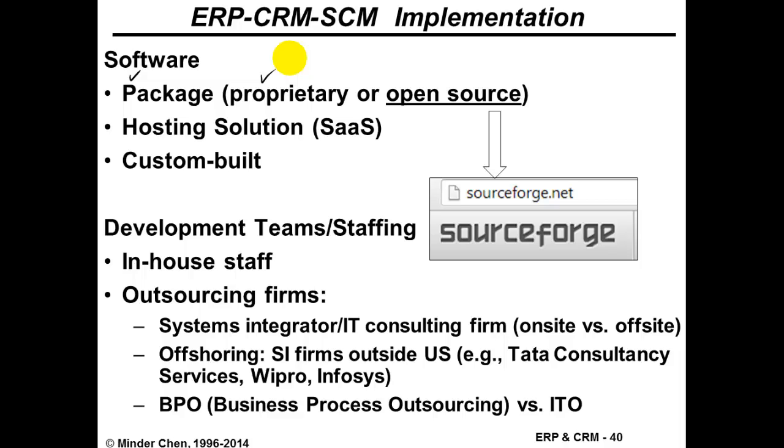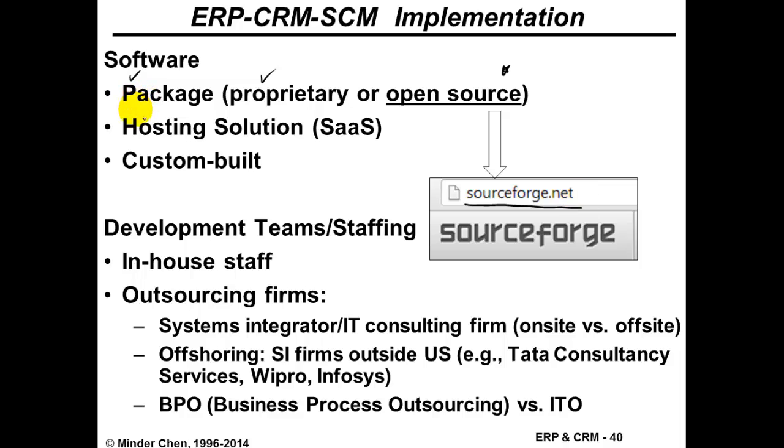But there are also some open source solutions, although they may not have a lot of following yet, just like SugarCRM is an example of a CRM open source package. A good website, SourceForge.net, provides a whole range of open source solutions, including ERP, CRM, and supply chain management related software packages.